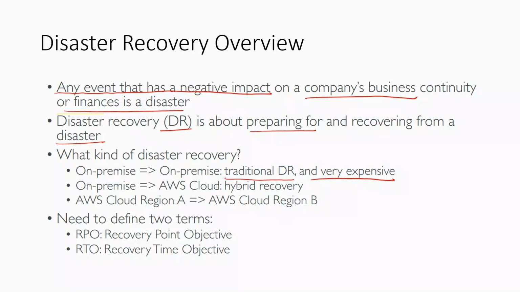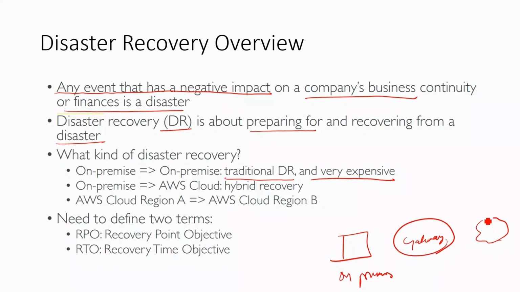Then we have the AWS Cloud, where we can have a hybrid recovery. You can have an on-premise setup with some kind of gateway, and you periodically back up your data into your AWS Cloud. In that case, it's a hybrid recovery.